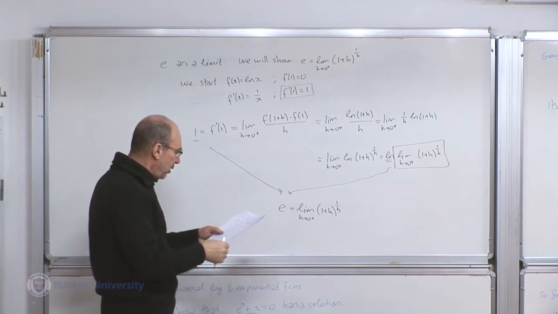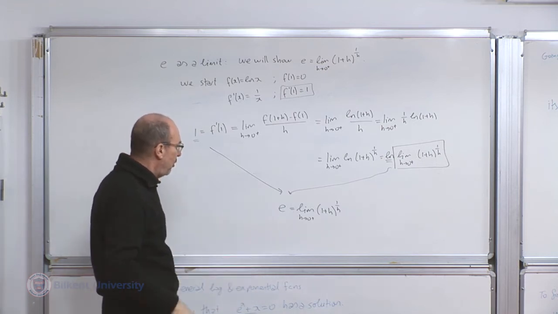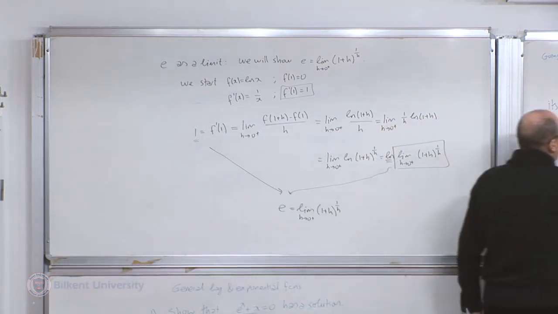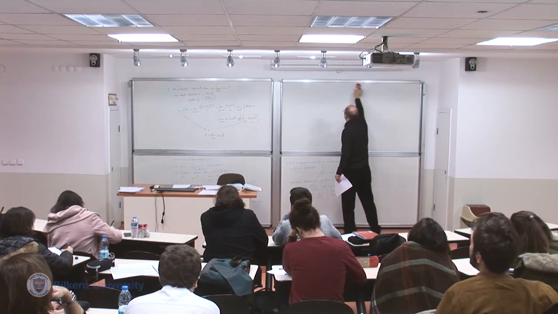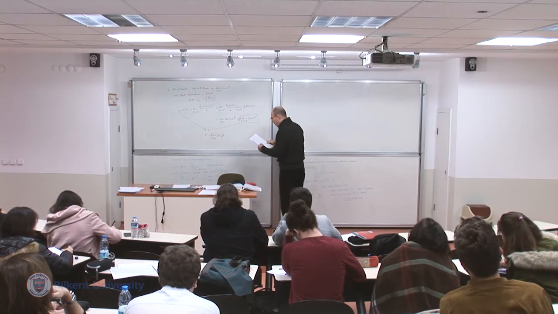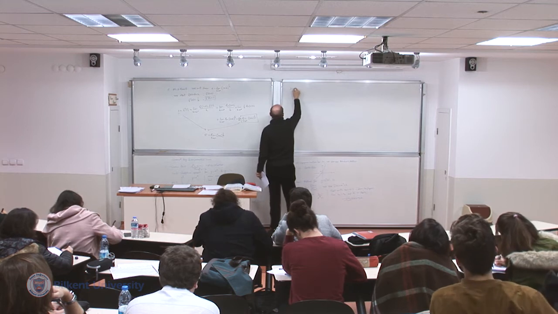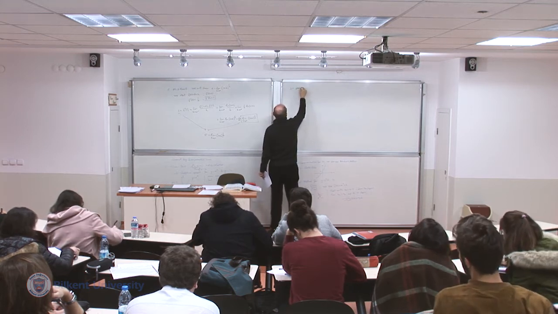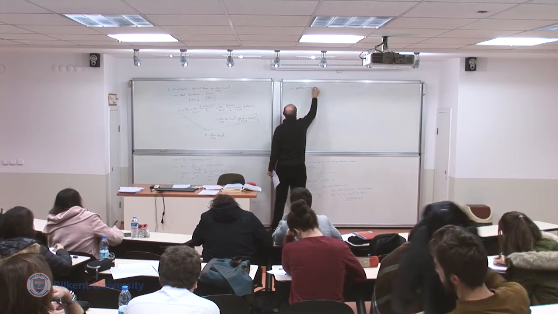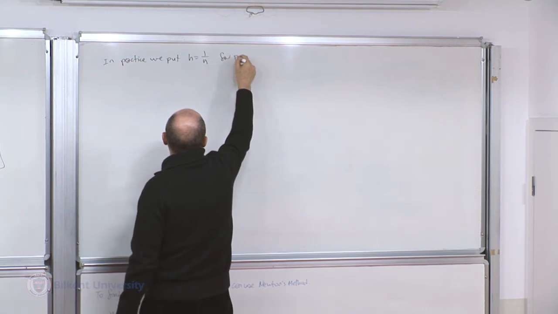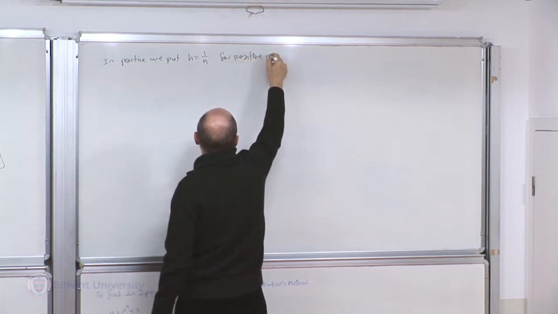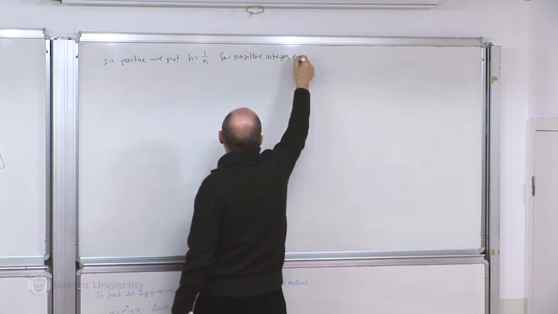This thing is generally not used in this form, but instead of h, you want to put an integer. That's generally how it shows up in calculations, and that's how you use it. So in practice, we put h equals 1 over n for positive integers n.